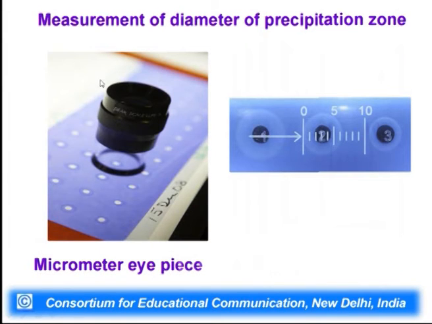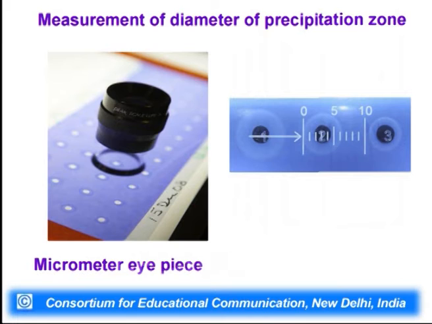How do I do it practically? This is called the micrometer eyepiece, through which we look and measure the precipitin ring. I'm sure it is visible to all the students. These are the standardized markings, and once we have taken the diameter, we can directly say that the extent of the ring gives you the concentration.